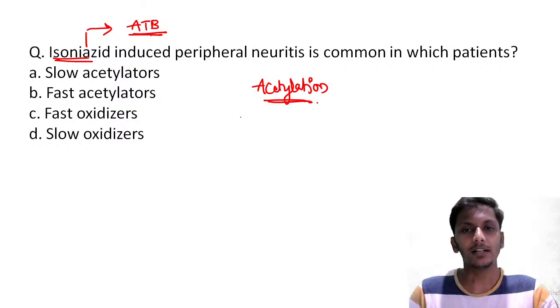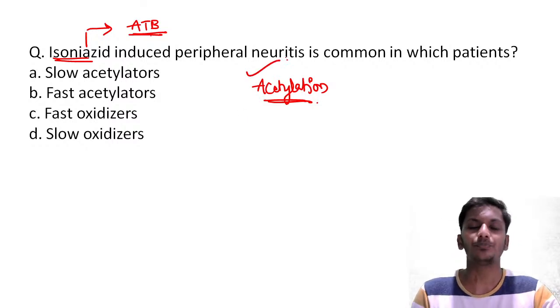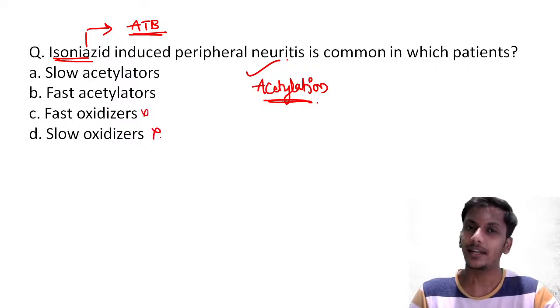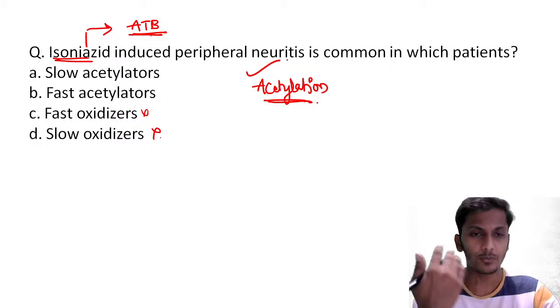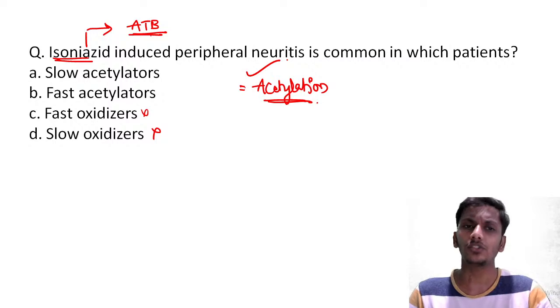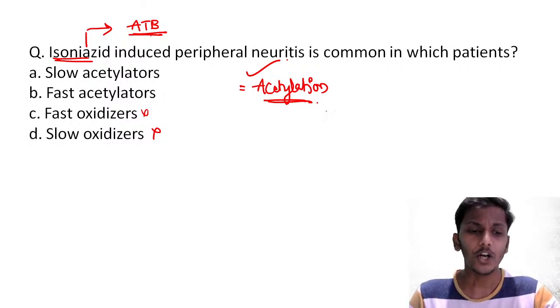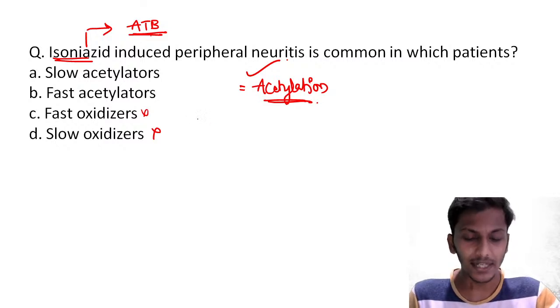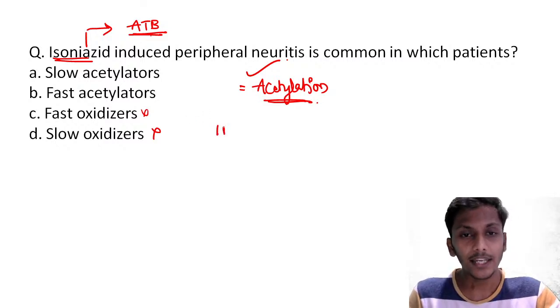By knowing just the mechanism of metabolism of isoniazid, we can rule out option C and option D. It is not metabolized by oxidation, therefore both of them are ruled out. Isoniazid is metabolized by acetylation, either slow or fast, which we'll see now. Let me explain the metabolism of isoniazid.